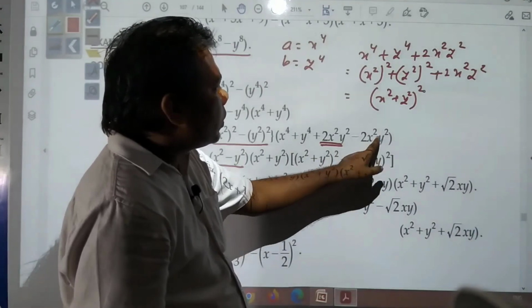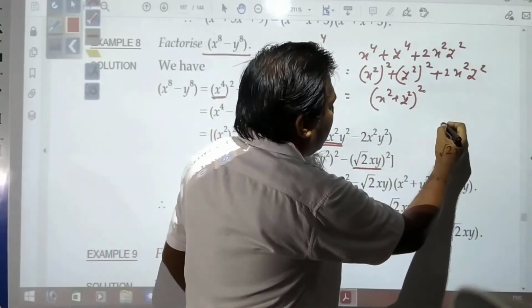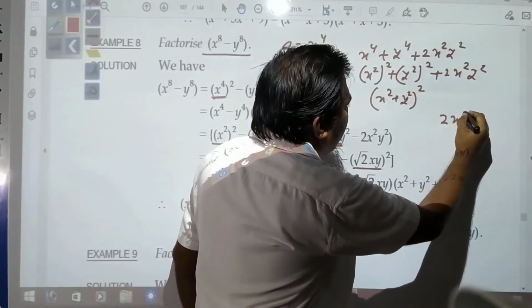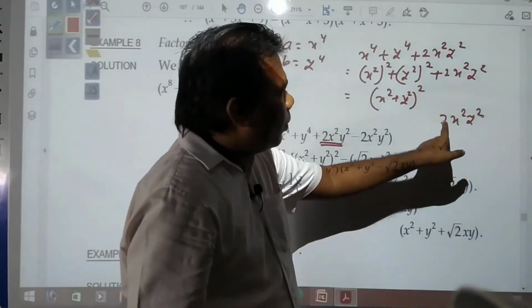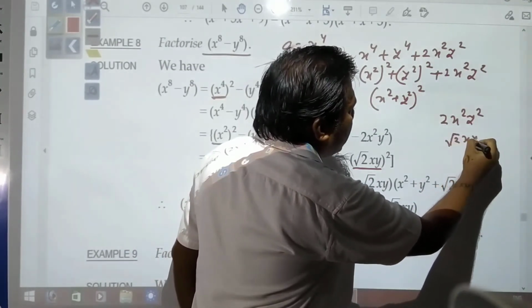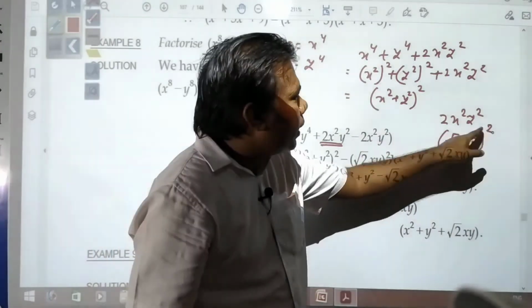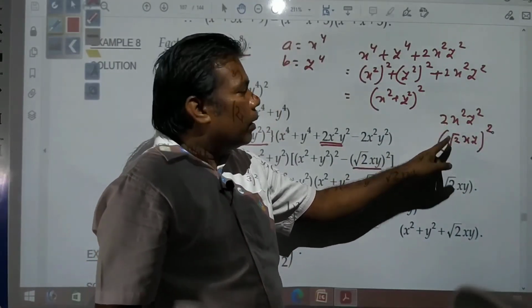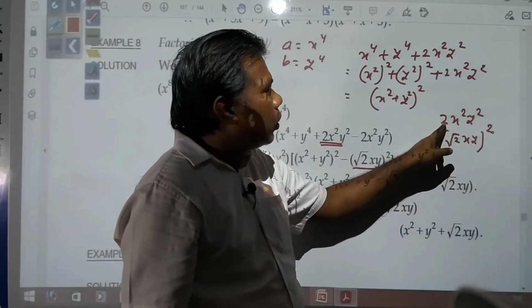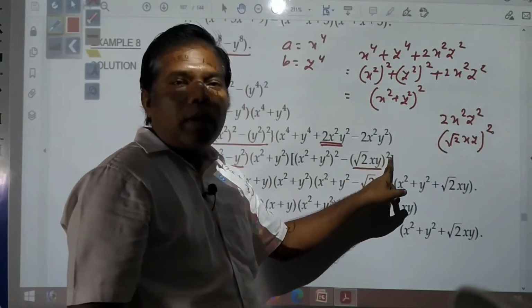This 2x square y square, if together you are writing, you will write root under 2xy whole square. Why? Because root 2 square is equal to 2, and that's why it has been written root 2 xy whole square.